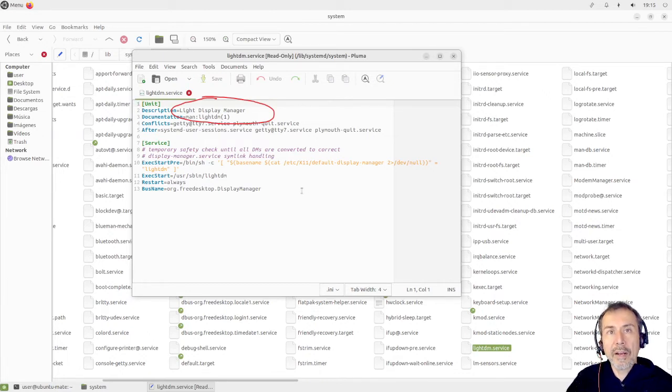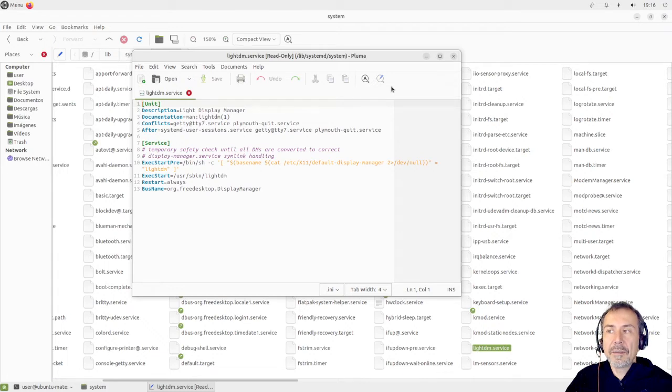It would be required by the graphical target somewhere, but we have here the definition. It's a unit, it's a service. It tells us here what should be run for this service, some conflicts, some dependencies, but it's a text file that specifies the service that is run by this unit.